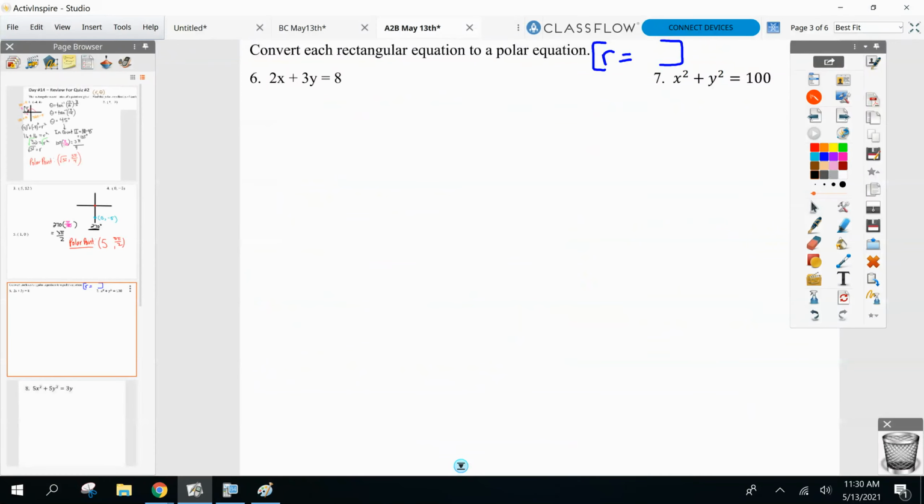That's what Ella just plugged in for X. Plus, I think we have a substitution for Y as well. Isaiah, what's my substitution for Y? R sine theta, all squared. Again, that's what I just plugged in for Y, equals 100.